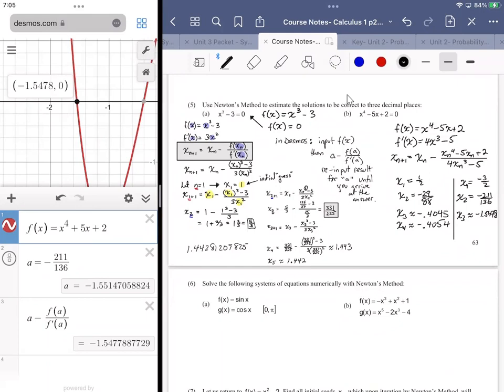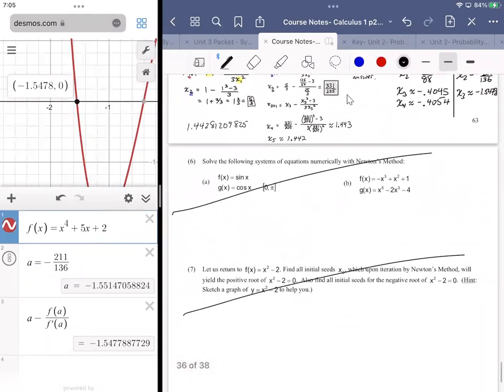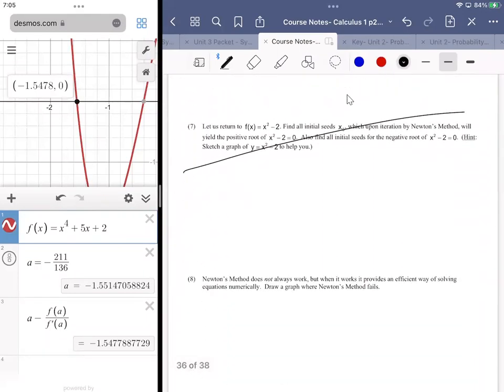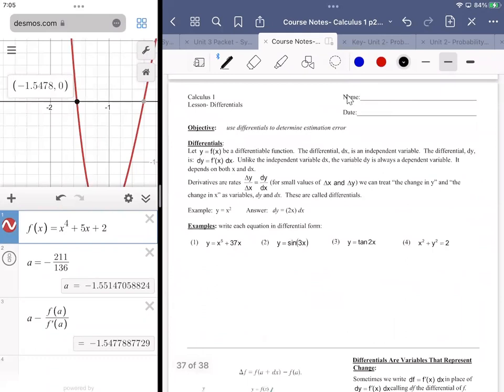All right, so we just have to talk about one more thing. We're not going to worry about solving systems of equations and stuff like that with Newton, right? But we're going to talk about differentials, which is a pretty interesting topic also. In fact, we're getting into the more interesting stuff in the course.